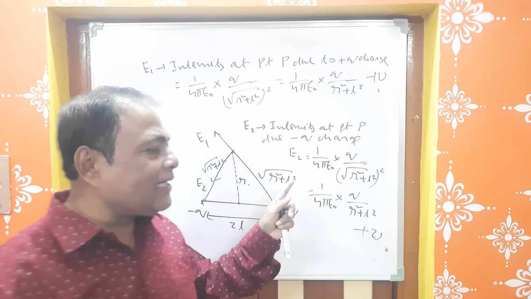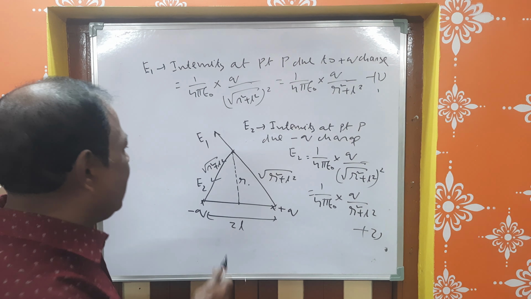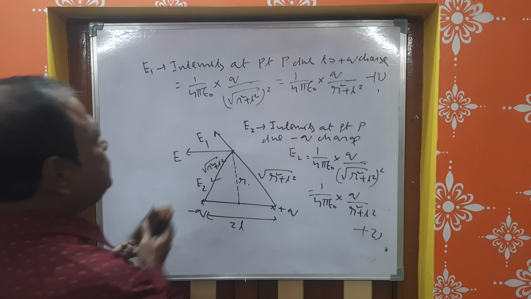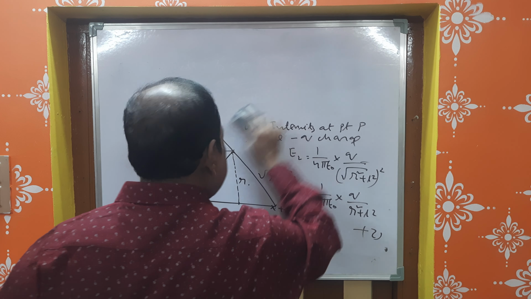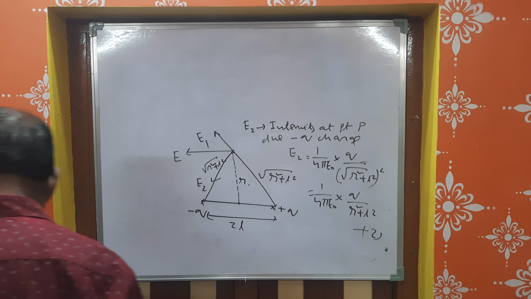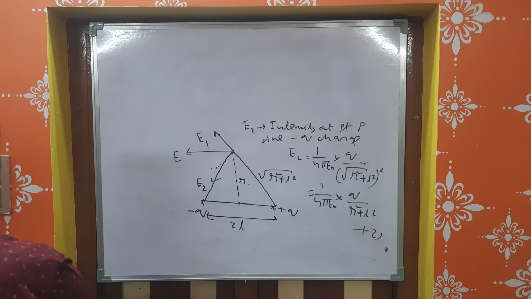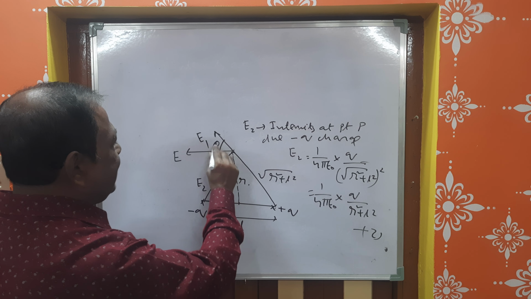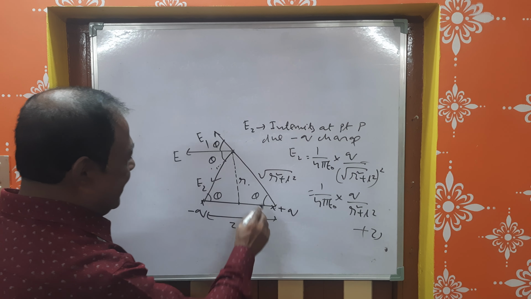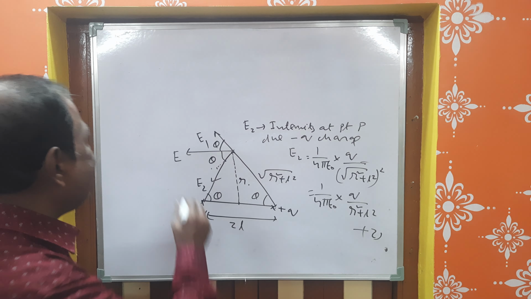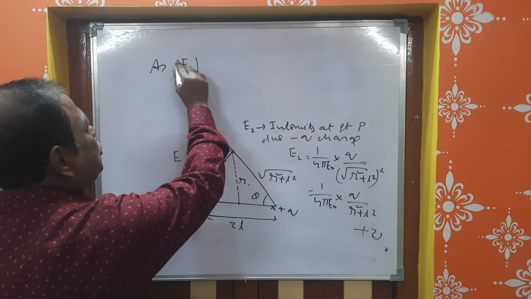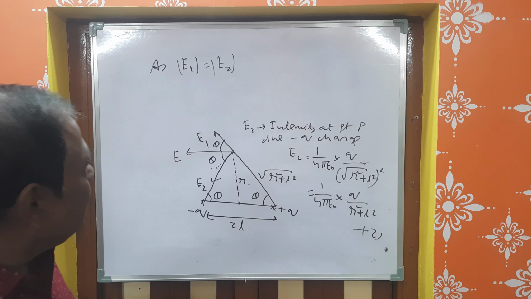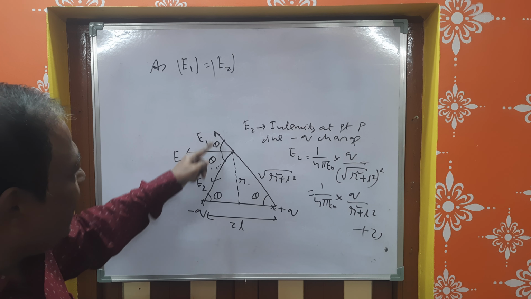So from vector knowledge, the resultant intensity should look like this. If I consider this angle theta, this angle is also theta, because E1 and E2 have the same magnitude.